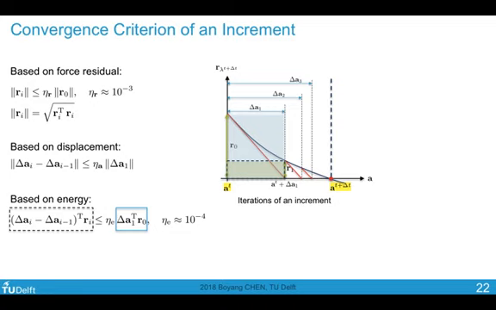Then the left term is basically represented by the light green rectangle in this graph. And if we increase the I, we are finding a smaller and smaller rectangle until the area of the rectangle is considerably smaller than the initial big rectangle. Then we can say that it's converged. In practice, it's recommended to use a combination of these different convergence criteria, especially to combine the force residue with a check on displacement.